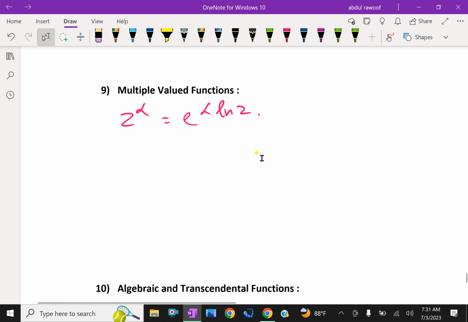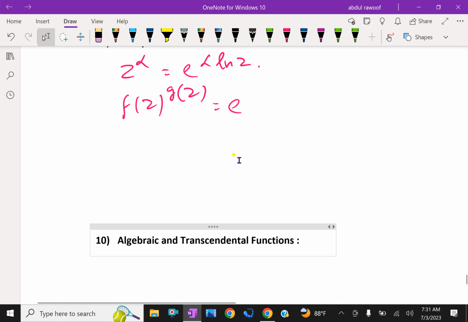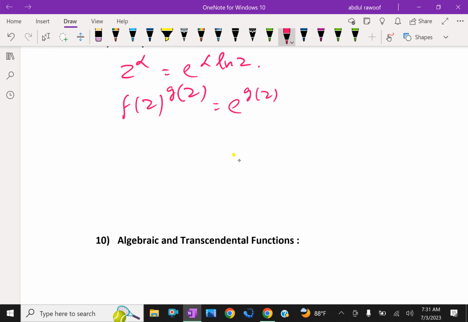Then we can define f of z power g of z equals e power g of z ln f of z. In general, such functions are multiple valued.